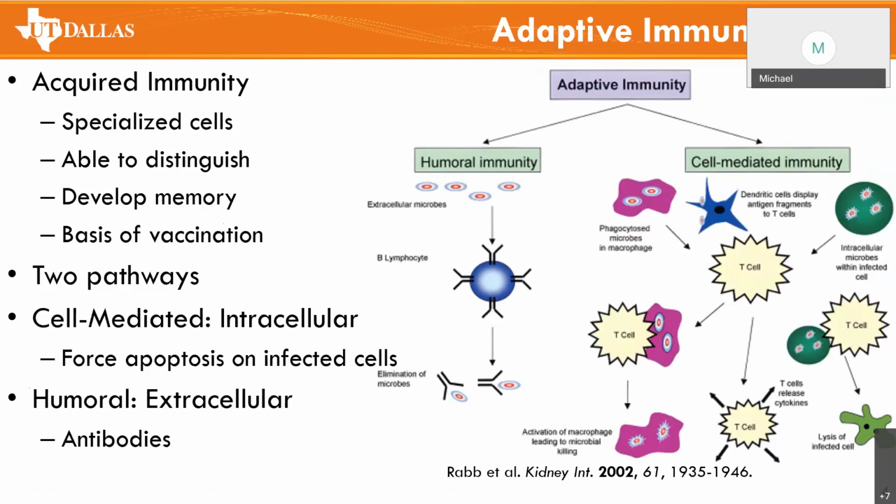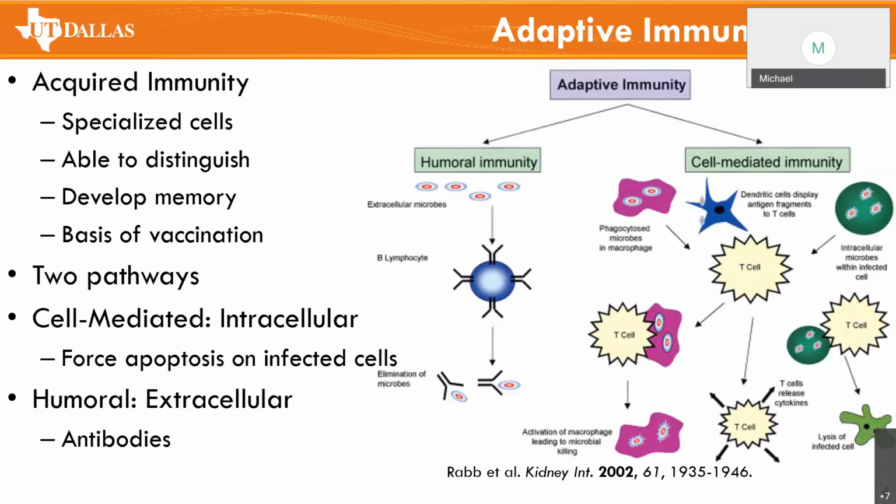The cell-mediated immunity is what we talked about last time. This is T cells. Usually helper T cells get activated, and they go and activate cytotoxic T cells, or they will recruit macrophages and natural killer cells to go ahead and kill any cells that might be infected by causing pores and forcing those cells to apoptose.